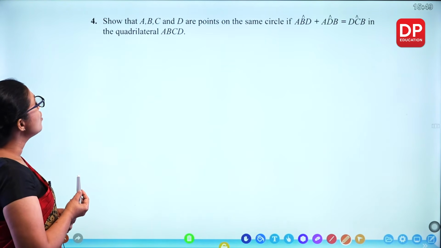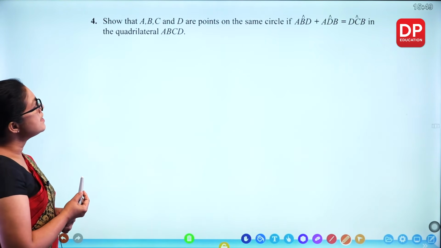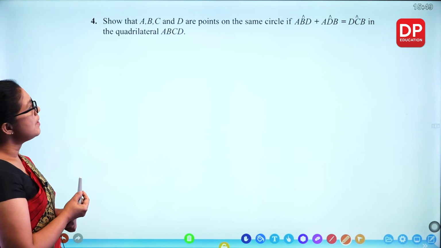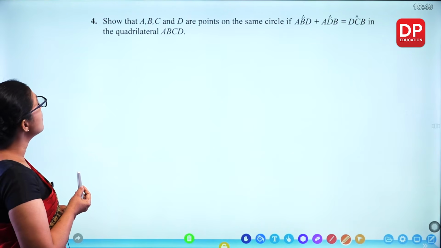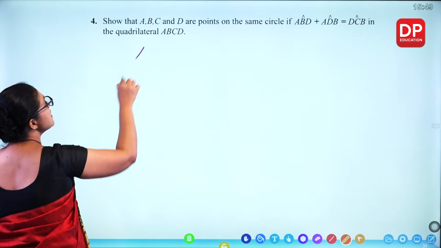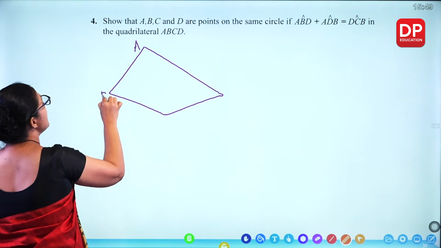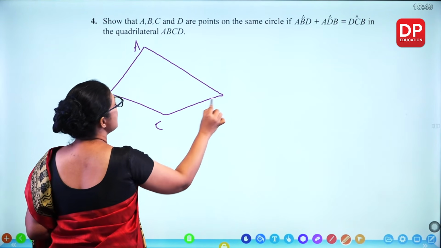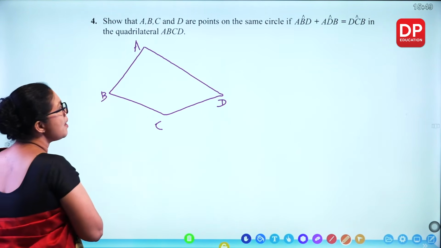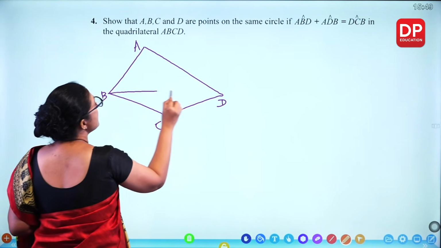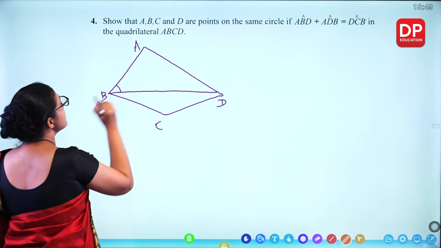Question number 4. Show that A, B, C and D are points on the same circle, if ABD plus ADB is equal to ACB in the quadrilateral ABCD. So we need to connect this one because this is ABD.